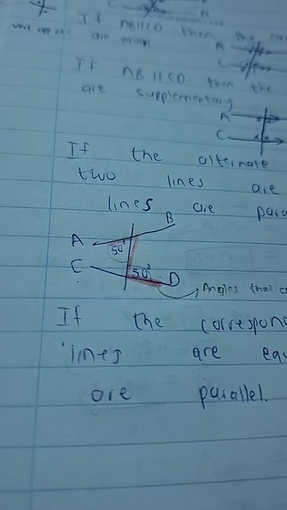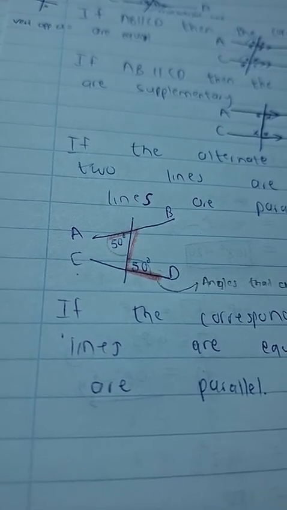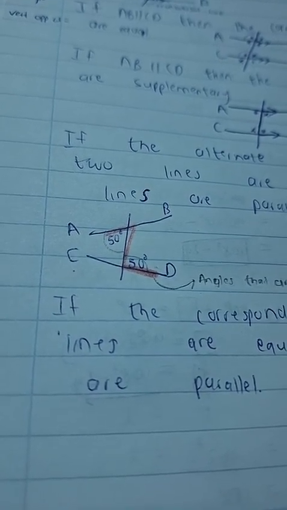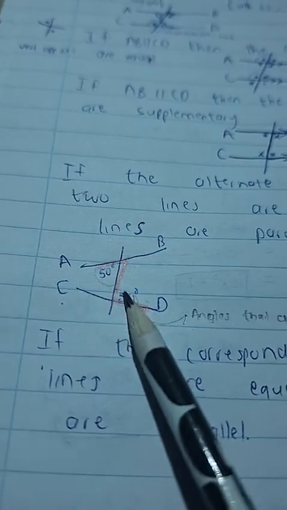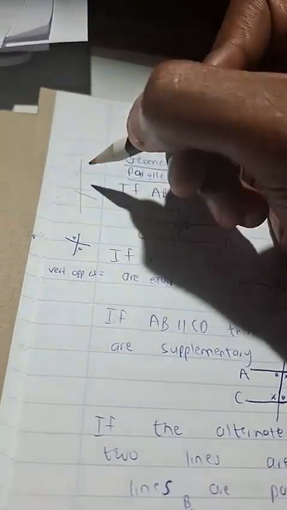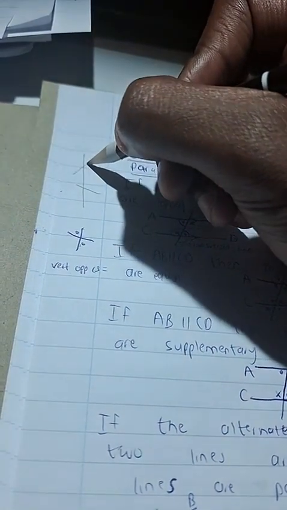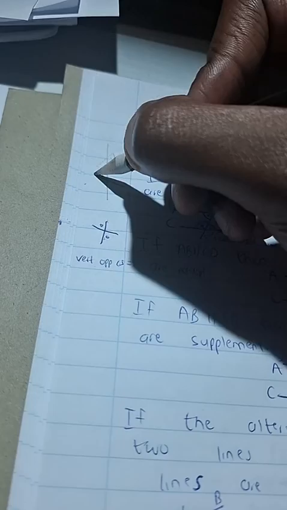Now I want to say to you guys that alternate angles are simply angles that are found in this position. If I drew a diagram like this, for instance, this angle and this angle are alternate angles, whether the lines are parallel or not. We call these two angles alternate because the word alternate has to do with the position of these angles.